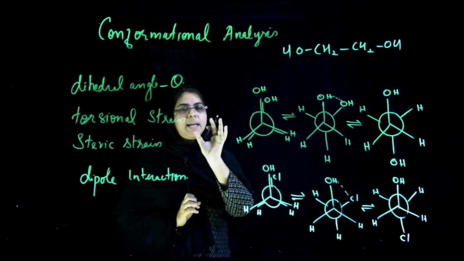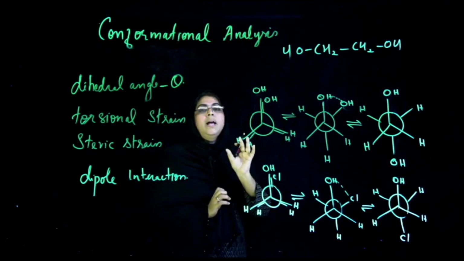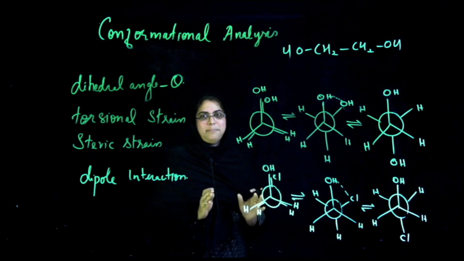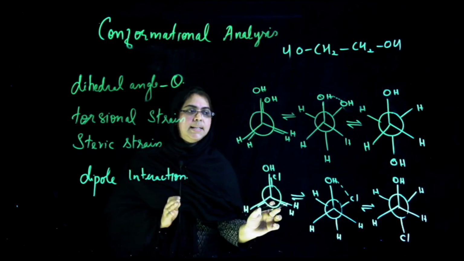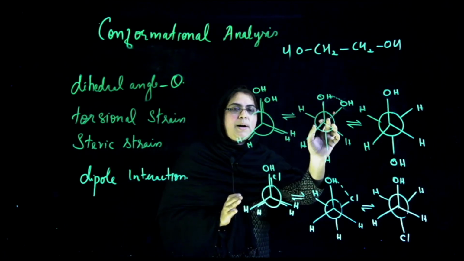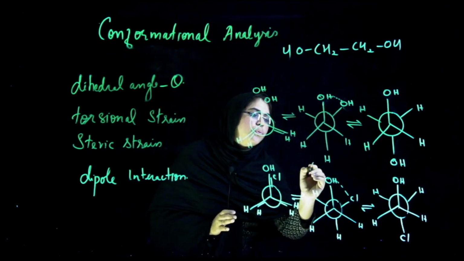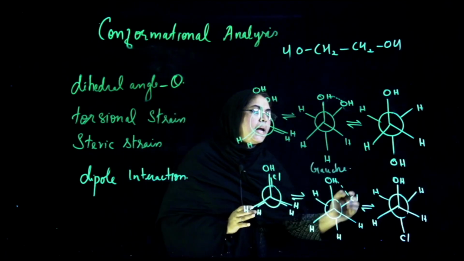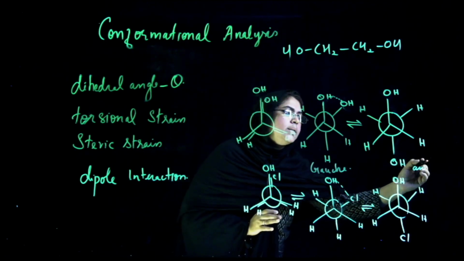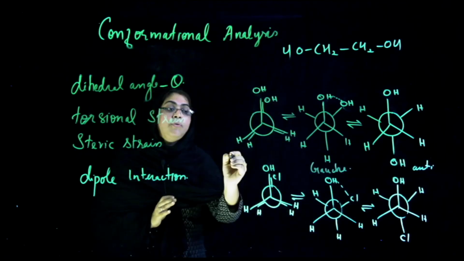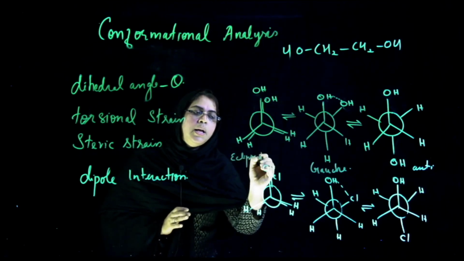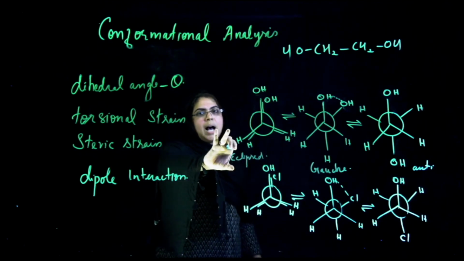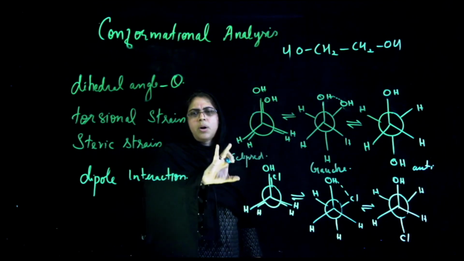So normally in all cases, in the case of butane and ethylene dichloride, we have seen that the anti form, that is the staggered form, is more stable. But in such cases where they are stabilized by hydrogen bonding, Gaussian conformations are more stable when we compare to the anti form. And we know that the least stability is for the eclipsed, that is high energy due to steric strain, torsional strain, everything.